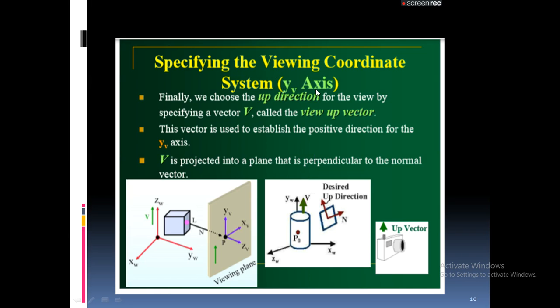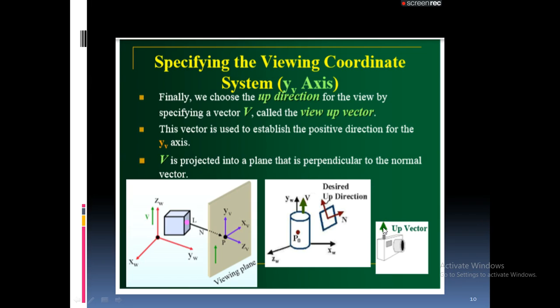Next we need to determine the y-axis value. That is, we need to choose the up direction of the camera. That upward direction of the camera is called the view up vector, represented by capital V. As you can see in this slide, this is our Z view axis, and I am using a green color arrow here.